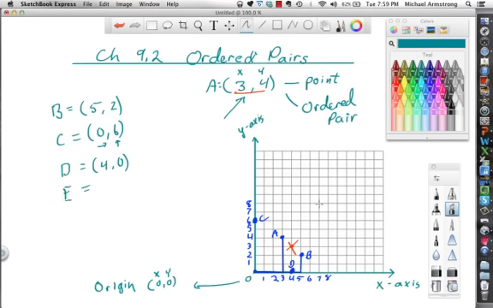Let's put a point just right here, and then we'll figure out what that point is. Okay, so this is starting backwards, but we can do it that way. This is point E. And what is that point? Well, we would have to come over to 7, right? So we'd come over to 7, so the x-coordinate is 7, and we'd go up to 8, so the up coordinate, the y-coordinate, is 8.